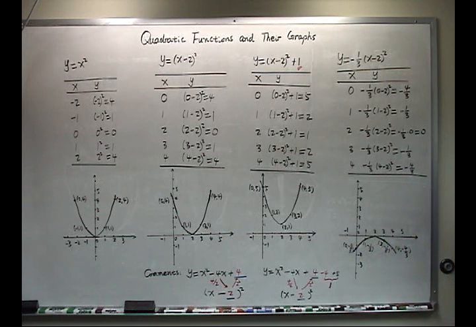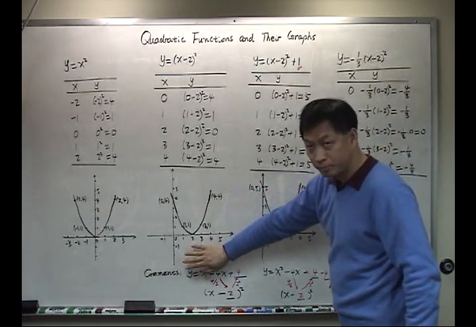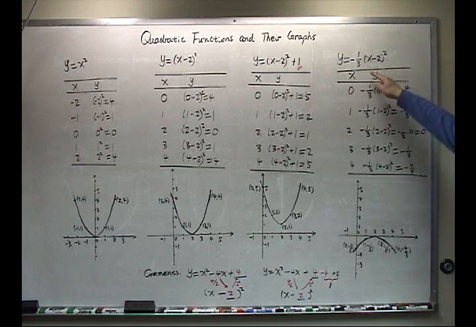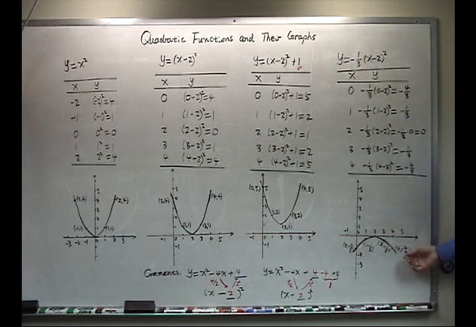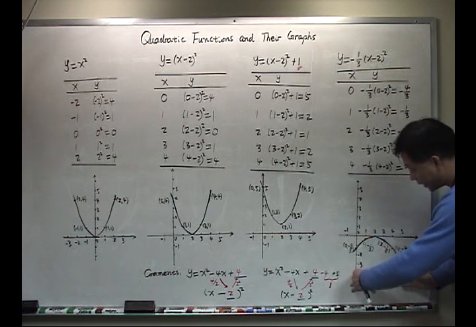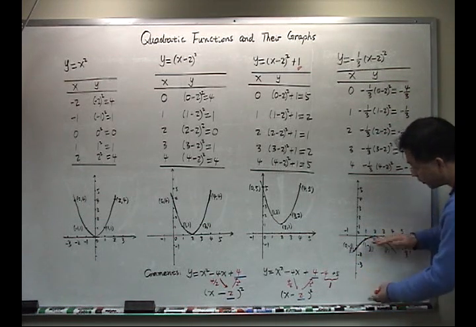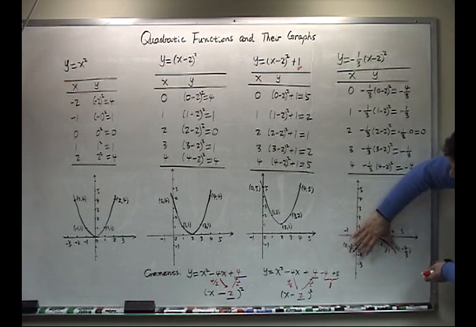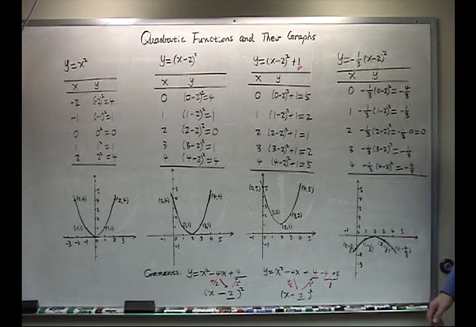So you can see this picture with the negative sign in front of it means this picture needs to be flipped. And then divided by this 3, you have to flatten this curve. It was like that. Now you have to flatten it, which means the opening is wider.